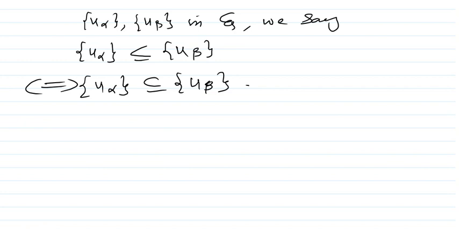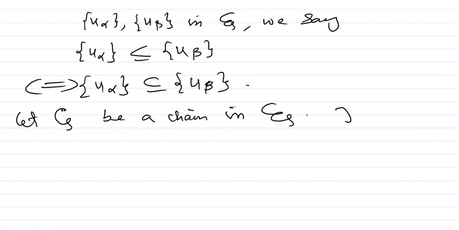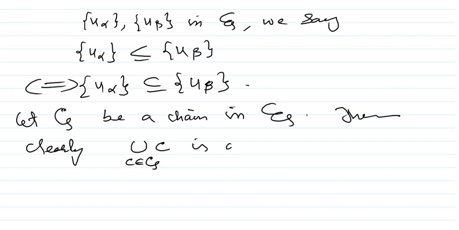So now if you take any chain, let this be a chain in this, then you can easily verify that clearly the union of the members of C, where C belongs to this cursive C, is an orthonormal set, because each C is an orthonormal set, and this is a chain.